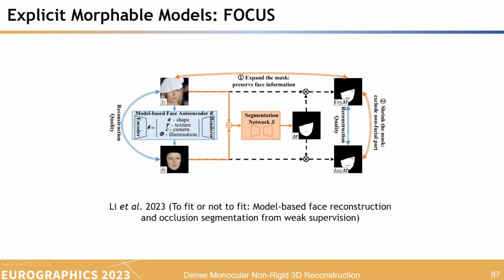FOCUS is one such method which was recently proposed, where they learn an encoder to regress these parameters directly. Along with that, they also try to regress outlier pixels which the model cannot explain. For example, a cap in this case cannot be modeled by the prior model. By solving for these two tasks together, they can train an encoder which has better accuracy compared to not doing that.